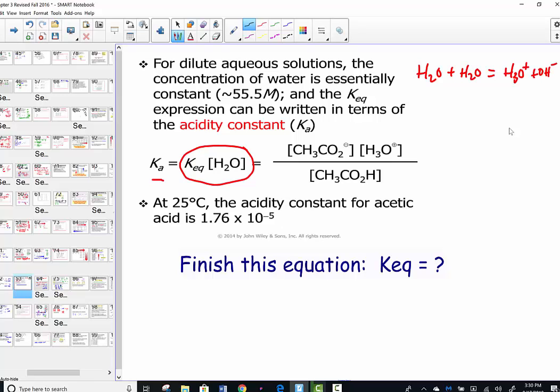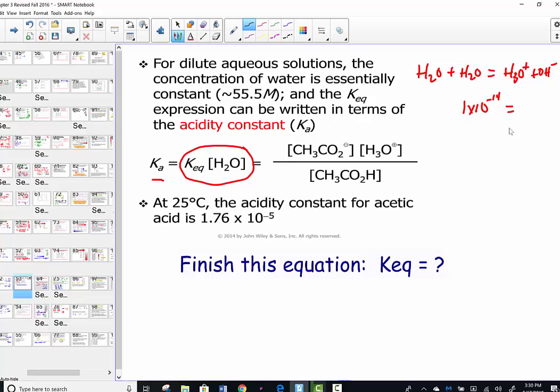The molar concentration, if you derive 1 times 10 to the negative 14th, which is the Kw constant for water, you can derive that value of 55 molar. So I won't go through that with you for now, but I'm just sharing where that comes from. It's a mathematical expression solved using Kw, letting X represent the ion concentrations. So Keq times water is our definition of Ka.